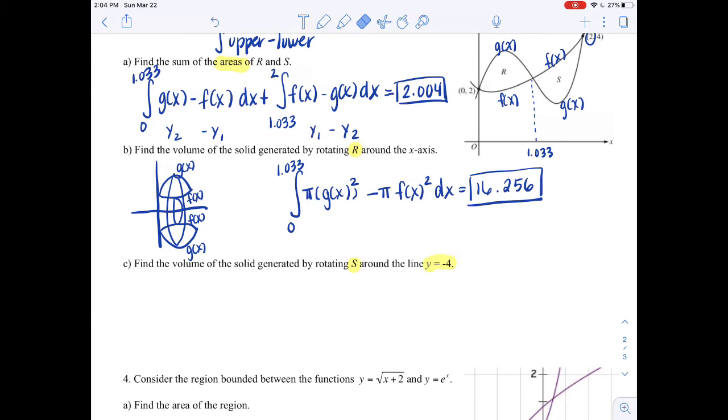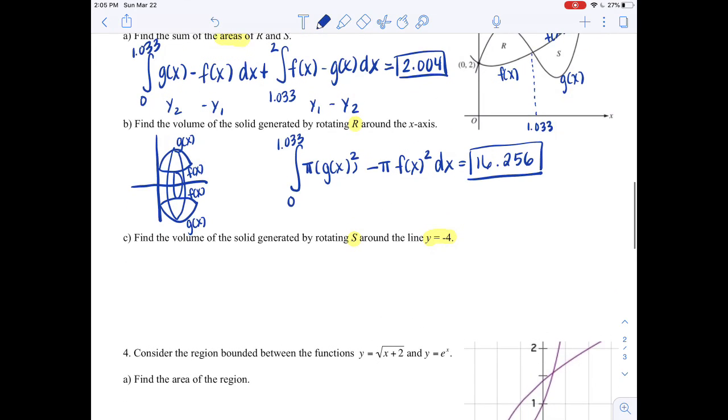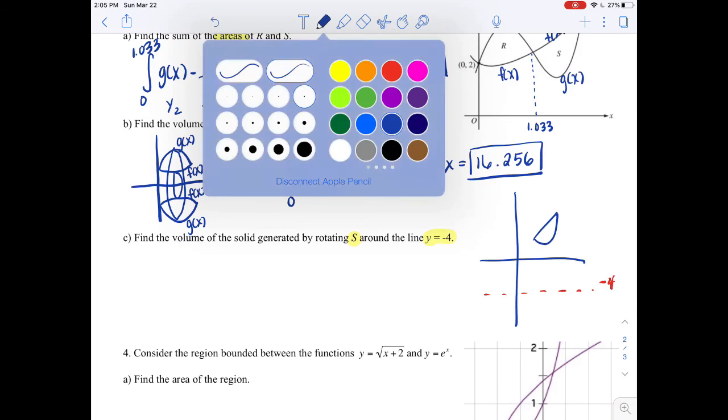Okay, actually, I'm sorry. Let me rewind that for a second. You're not reflecting that over the x-axis. You're reflecting that over the line y equals -4. So let's say that this is what our thing looks like. Here's our region S. Let's say, and I'll even move this down closer so I get a better picture. And let's say that this is now my line y equals -4.